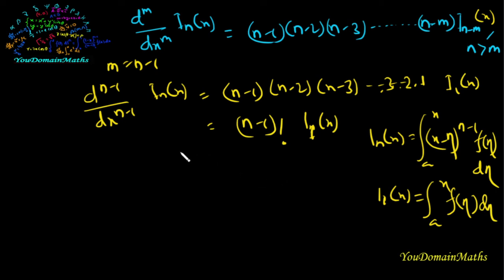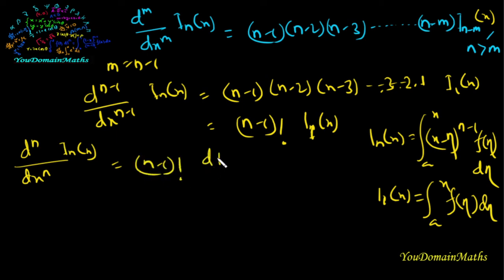And similarly we can write I_2. That means taking the derivative of these terms in here, we get d^n/dx^n of I_n of x equals (n minus 1) factorial times f of x.